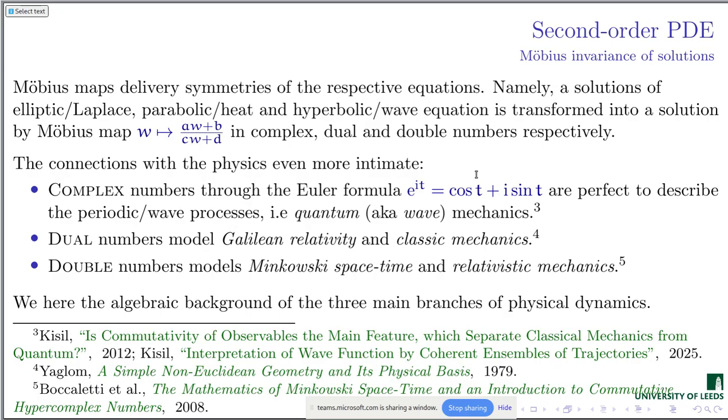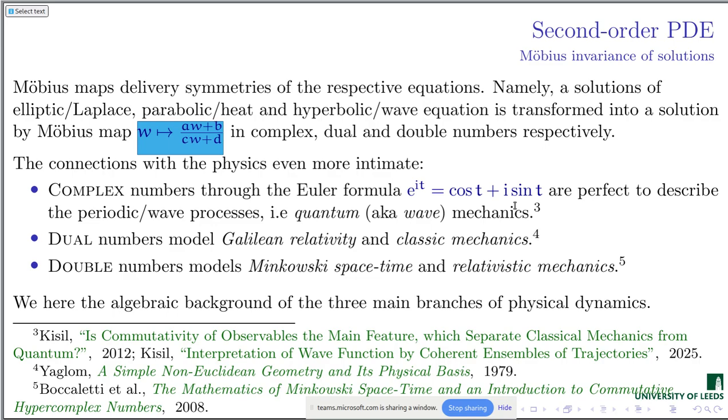What about the second order partial differential equations which we have considered? What is their connection to Moebius transformation? The connection is very straightforward. If we make the corresponding fractional linear transformation in complex, dual or double numbers, that will be a symmetry of the equation.